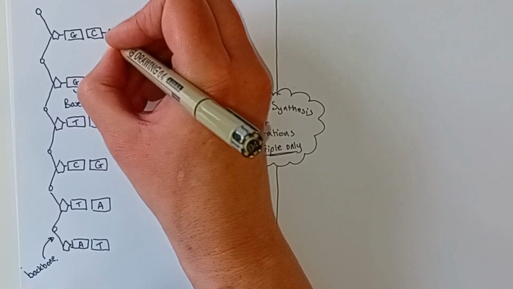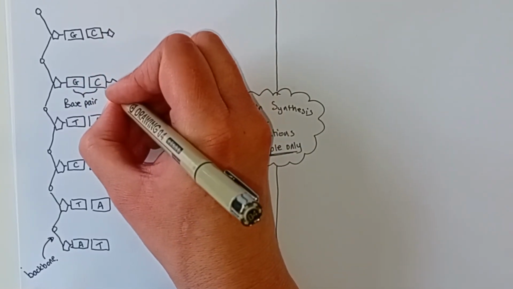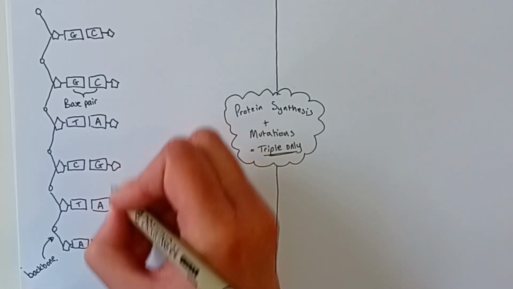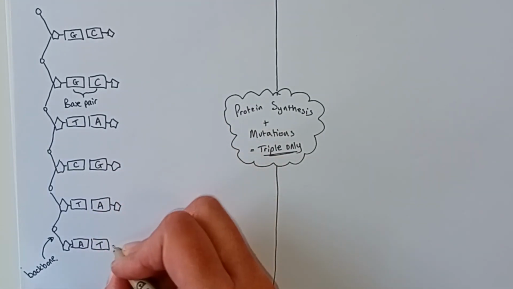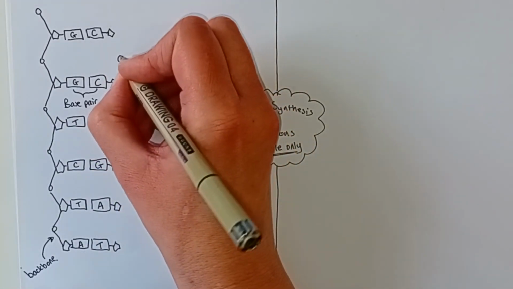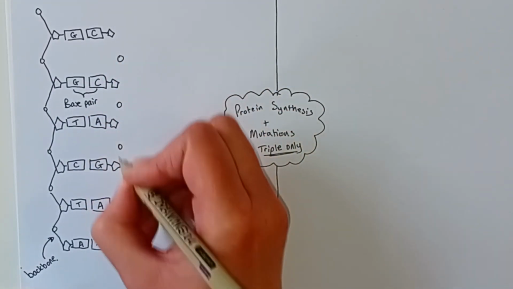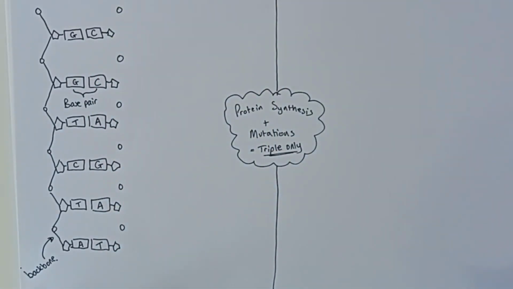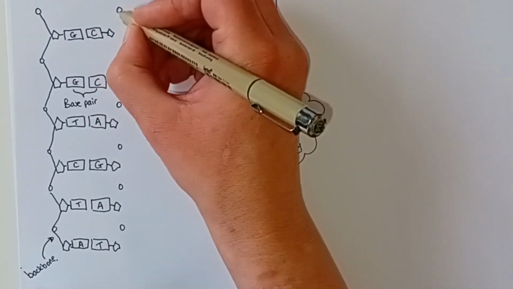So we've got sugars attached to each one of these. Don't worry too much if you're not drawing a very neat pentagon at all. And in between them, we've got the phosphates. Right. And then we're just going to join those up.